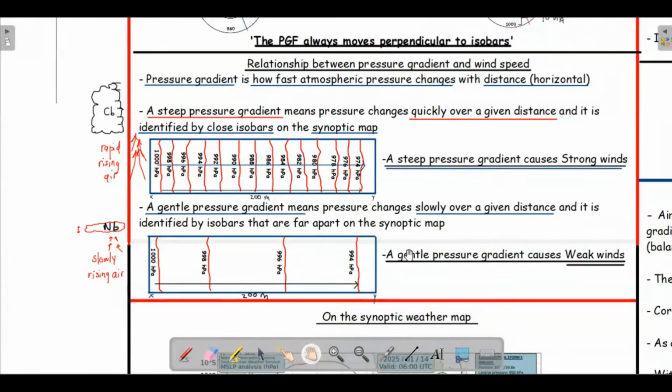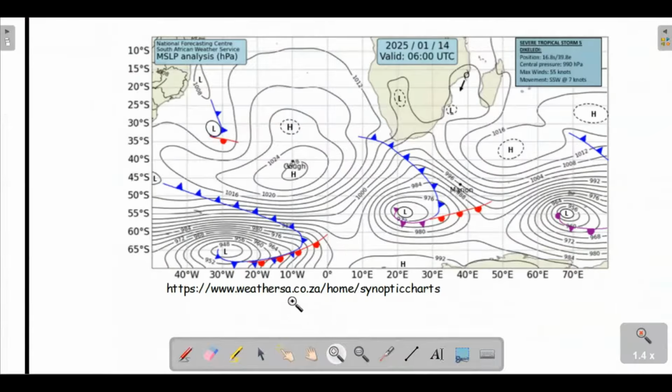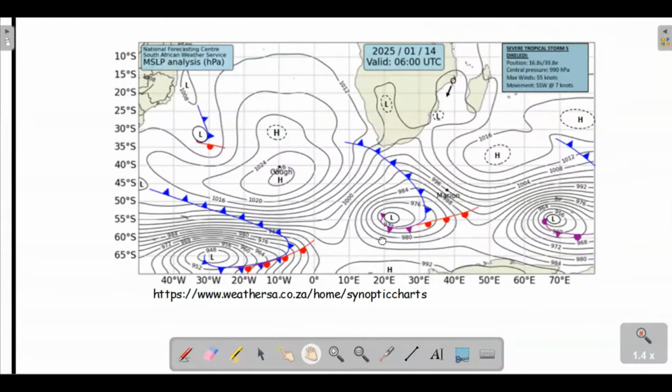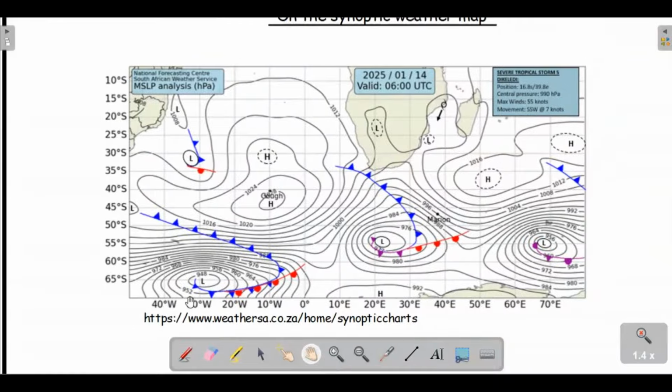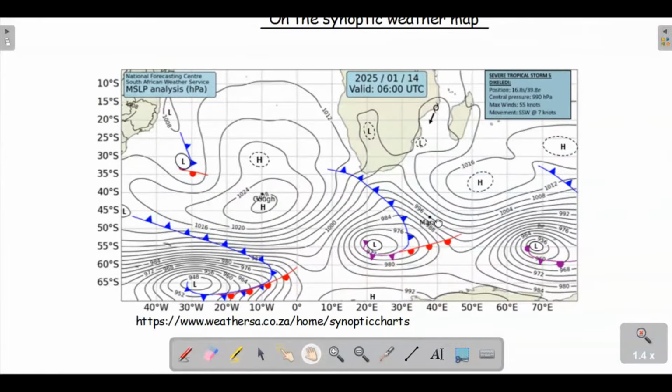So what does this look like on the synoptic weather map? I got this from Weather Essay, synoptic weather charts. You can type this in your computer or your phone and you will get this.